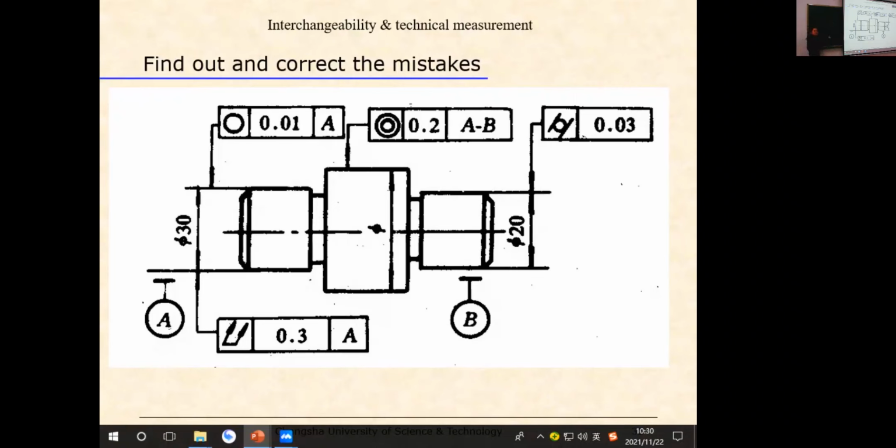This is the real circle. So we use a theoretical circle to contain the real circle, right? The circle has no phi.